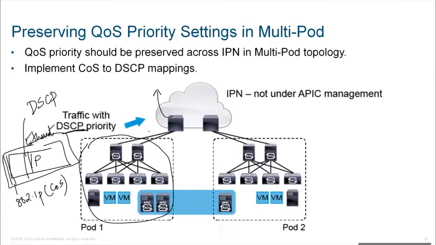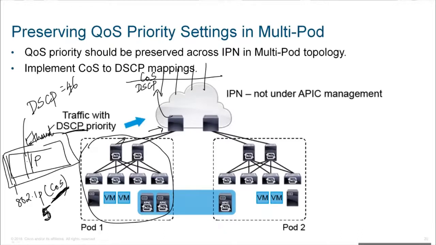Now on ingress, if it reads this value, they have a table called cost to diffserv code point mapping table. Now suppose the diffserv code point was 46. That's like expedited forwarding, but the cost header was 4. Typically, cost header would be 5 when it's exiting from the spine.